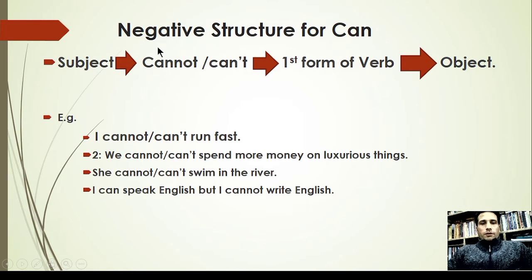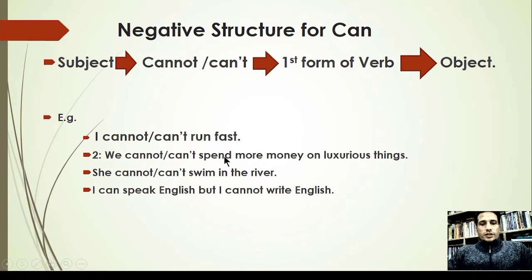Now we have the negative structure for can. When we convert a sentence into negative, what could be the structure? First we have the subject, then cannot, or the short form can't. Then we have the first form or base form, and then the object. For example, I cannot run fast, or I can't run fast.